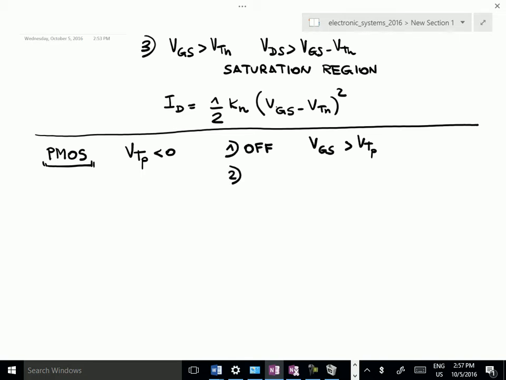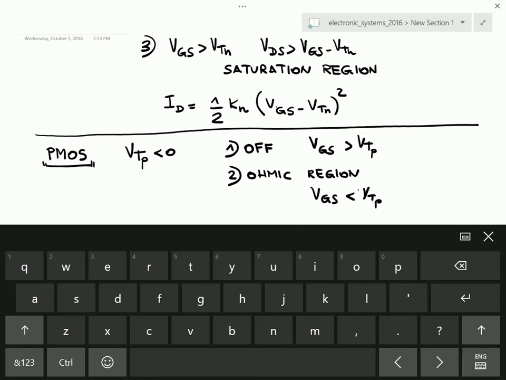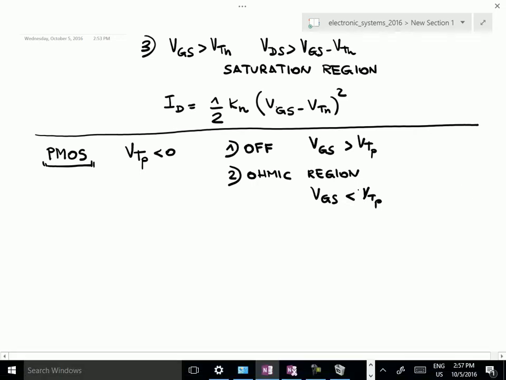Then we have the ohmic region, when VGS is smaller than VTP, and therefore, just as a reminder, also smaller than 0, and VDS is larger than VGS minus VTP.